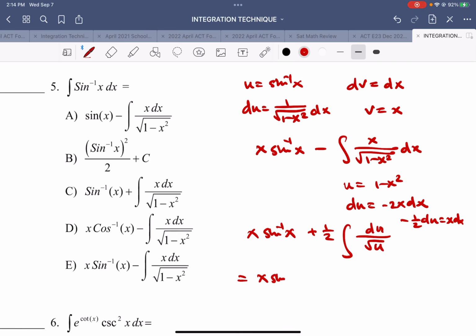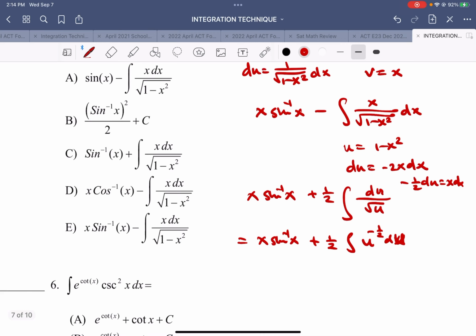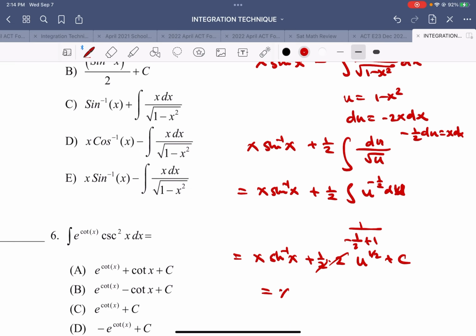Now x inverse sine x plus 1/2, that is u to the negative 1/2 du. Now when you do the power rule, negative 1/2 plus 1 is 1/2. So 1 over 1/2 is 2. So x inverse sine x plus 1/2 times 2, and then u to the 1/2 plus c. Then these two cancel out. So x inverse sine of x plus, u was 1 minus x squared, and then you put square root, plus c.